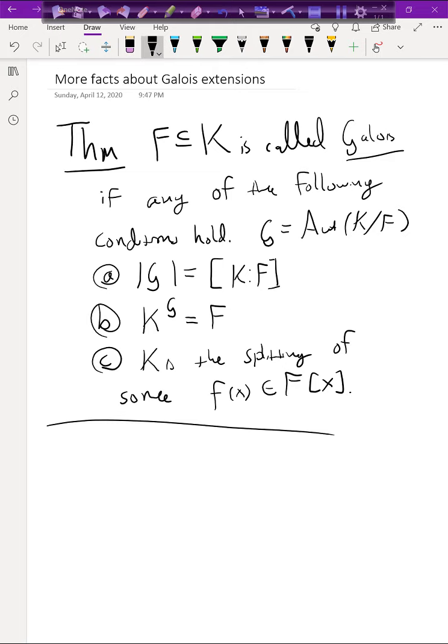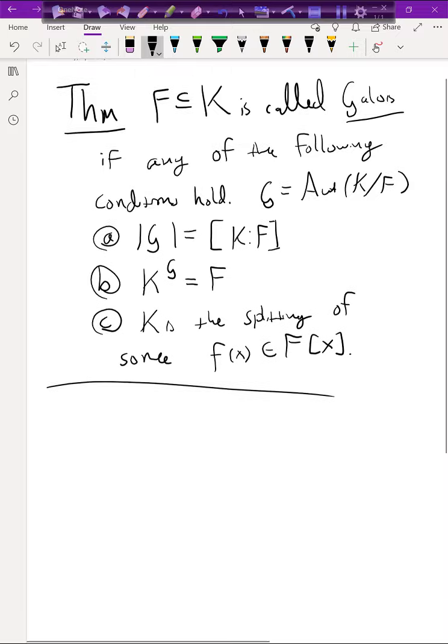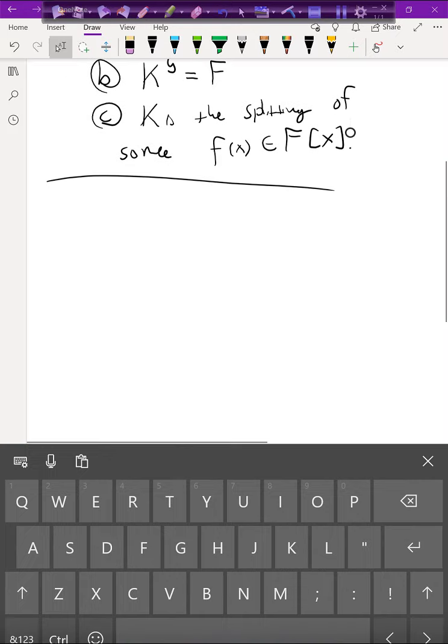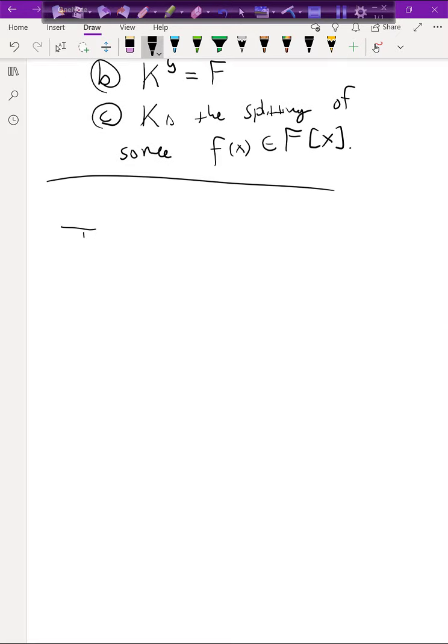Okay, so what I want to talk about now, and this is again just to help you understand some of the book's language, we're going to talk about another theorem in the text. Let K over F be a Galois extension.